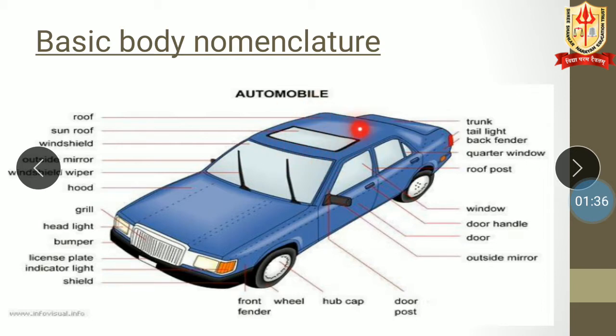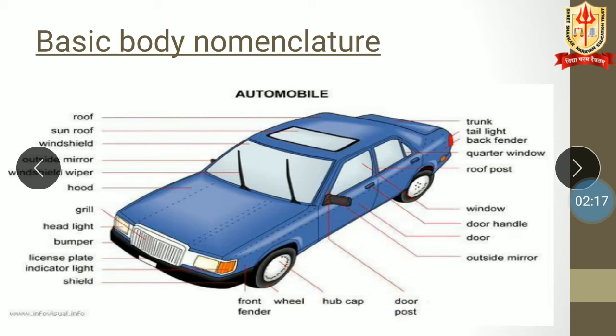So this is the roof of this vehicle, this is sunroof, this is windshield, this is outside mirror, then this is hood, then windshield wiper, this is grill, then we have headlights, beside this headlight we have indicator lights, then we have shield, then front fender, then wheel, this is hub cap, inside this we have wheel hub.